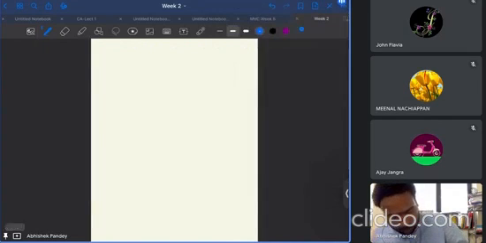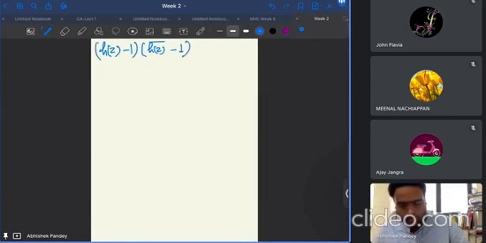And this is nothing but (h(z) minus 1)(h(z) bar minus 1) equals (z minus 1)(z bar minus 1).